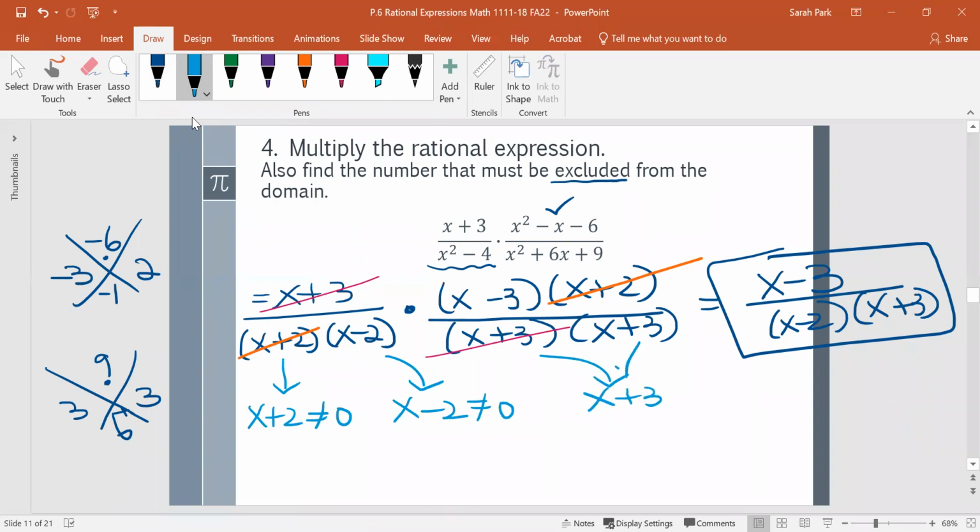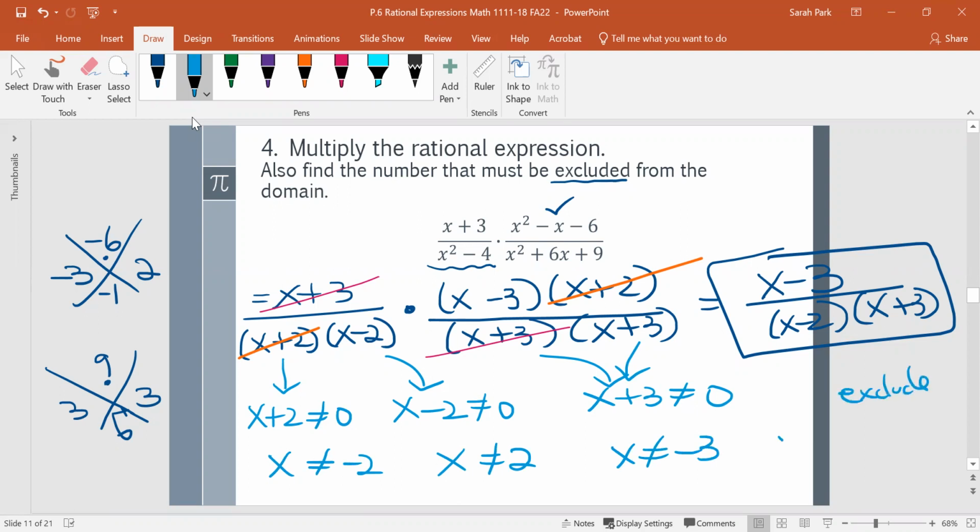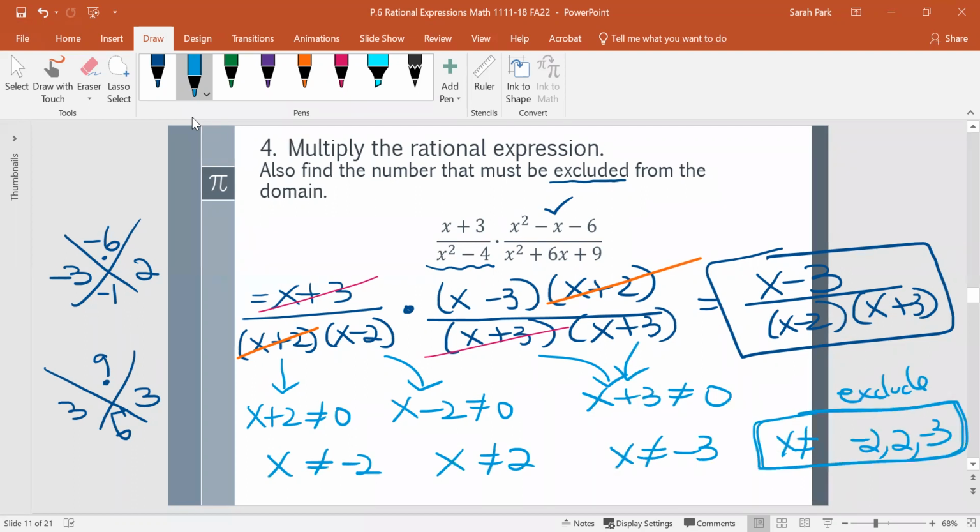And this x plus 3 is the same, so we can just do it once. And so we know that x can't be -2, x can't equal 2, and x can't equal -3. So the numbers to exclude are x cannot equal -2, 2, and -3. It doesn't matter what order you put it in.